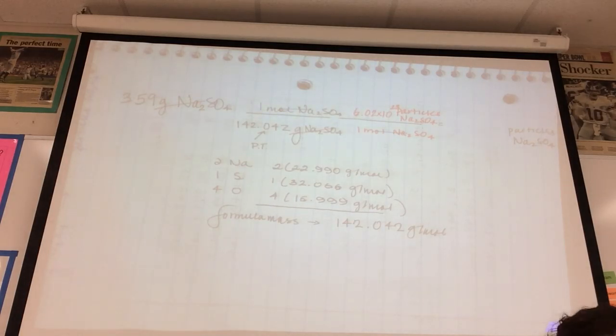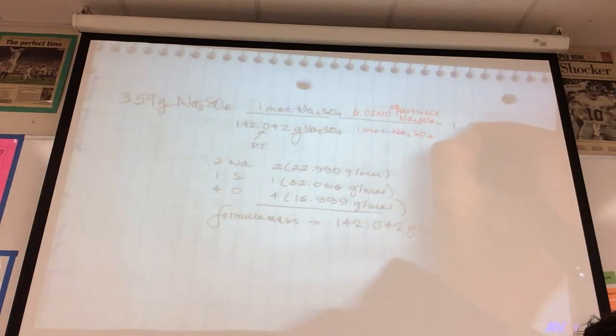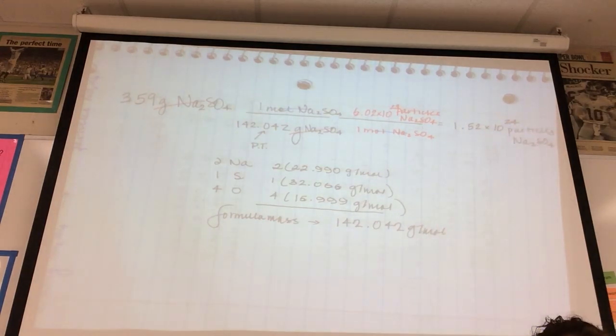And you have 1.52 times 10 to the 24th particles. And again, this is exactly like we did yesterday, except you have a compound instead of an element.